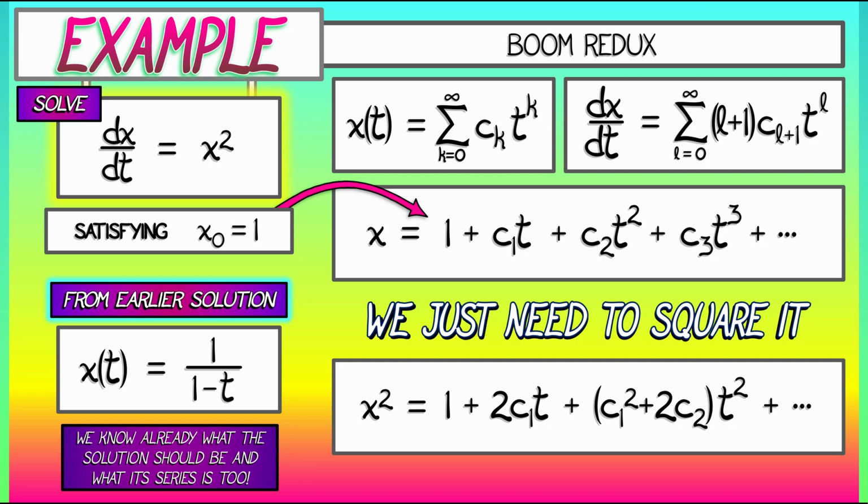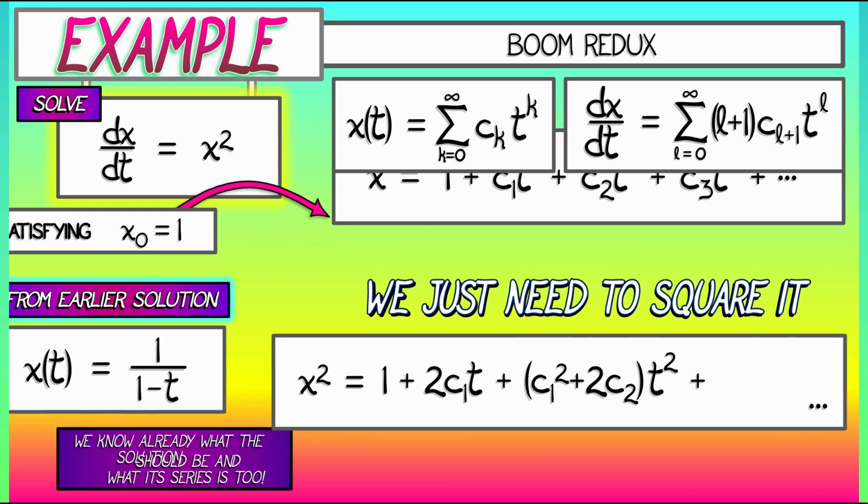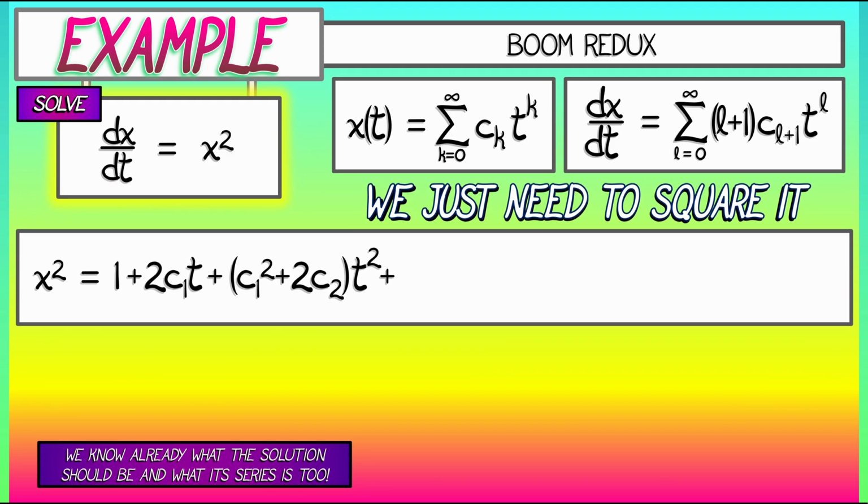And then you just keep going, and then it's not going to be so bad, right? It'll be some kind of pattern. We just need to square it. Let's keep going. I'm going to save you a little bit of work, and tell you that the next term in this series is going to be 2 times quantity c1 c2 plus c3, all of that times t cubed. That looks a little funny. What about the fourth order term?